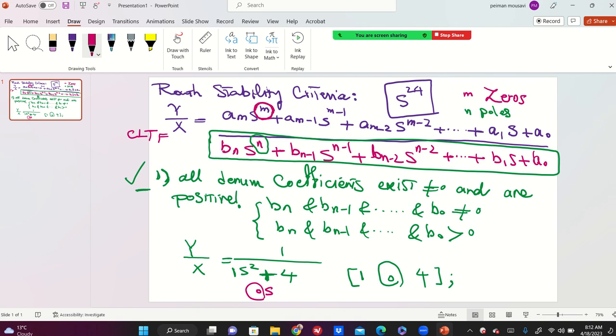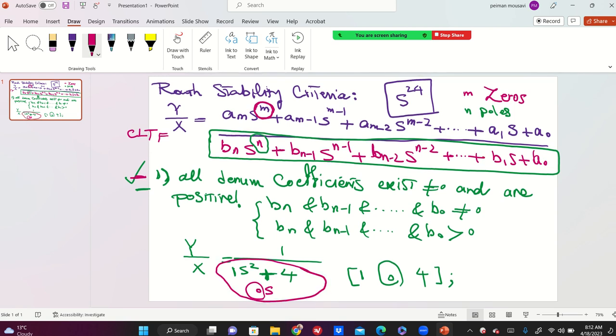Read this again. Read loudly, please. Okay. Now what do you see here? Okay, one of them, what is 0?